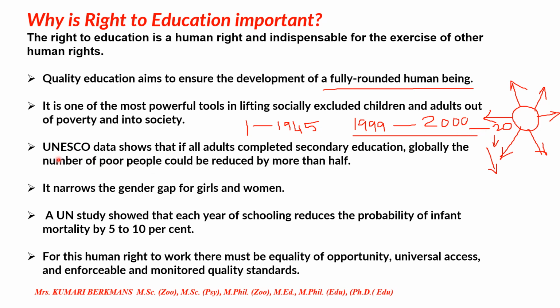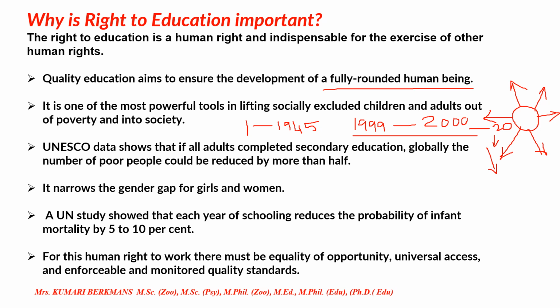Now, UNESCO data shows that if all adults completed secondary education globally, the number of poor people could be reduced by more than half. It is true. And it narrows the gender gap for girls and women. A UN study showed that each year of schooling reduces the probability of infant mortality by 5 to 10%.